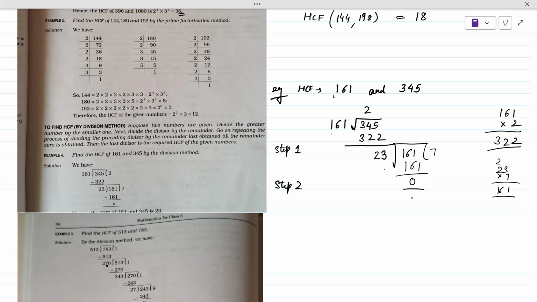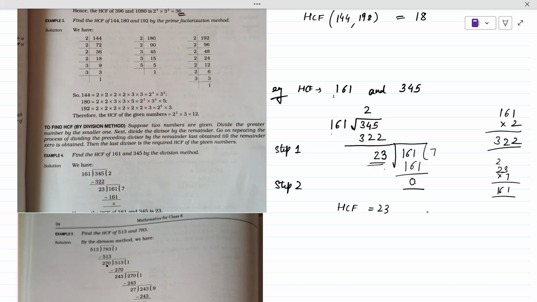So we have to keep on repeating this division method until we get 0 as a remainder. In this case we have got 0 in the remainder. The divisor by which we have got this 0 as the remainder is our final HCF. So HCF is 23 here.